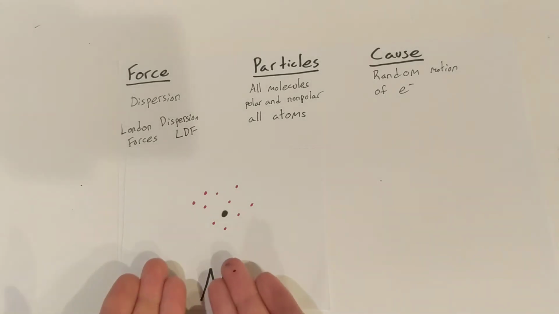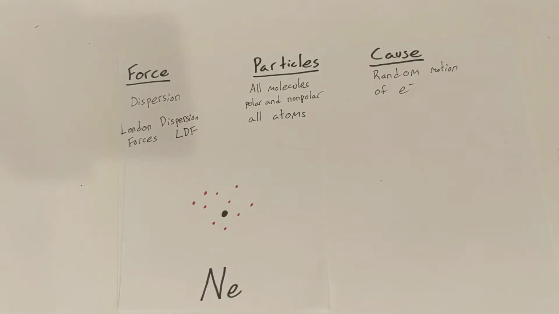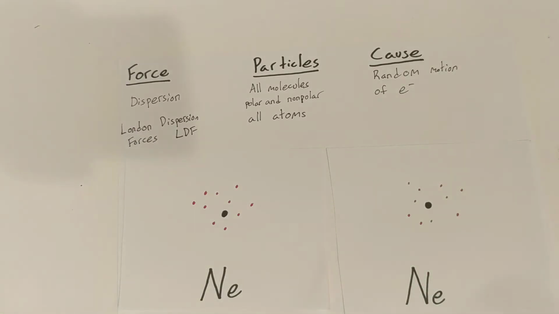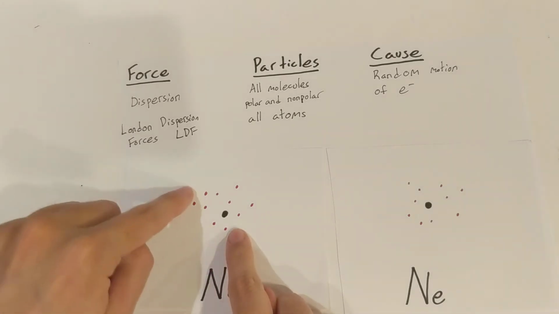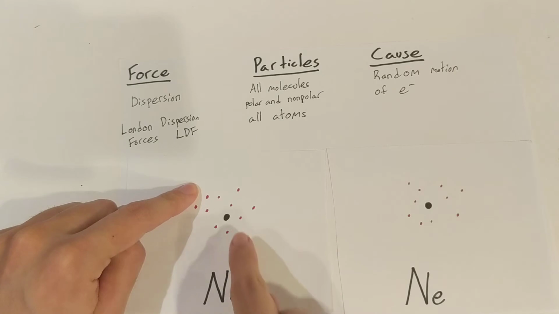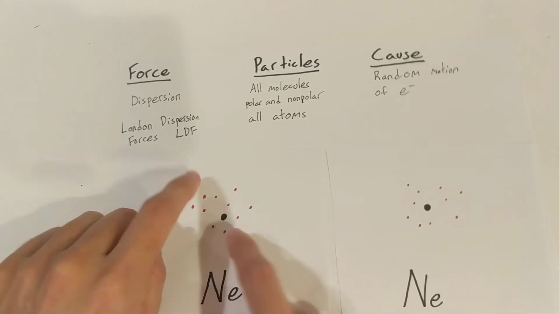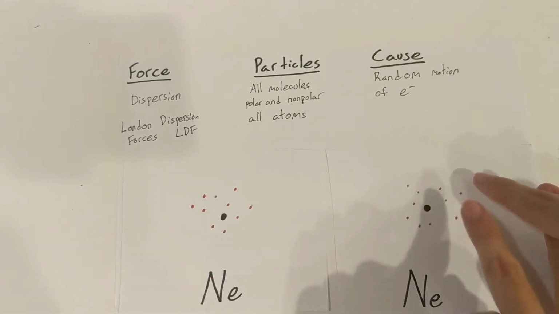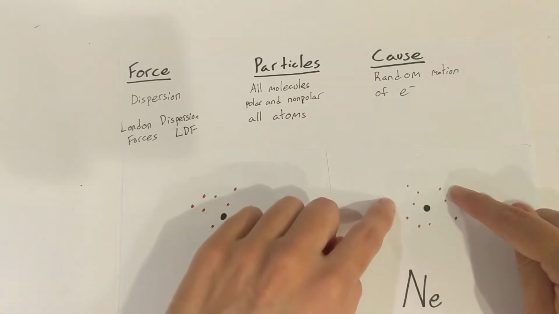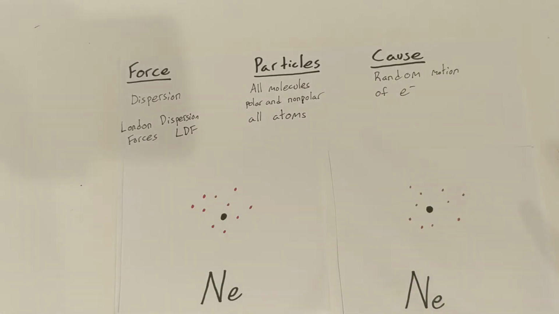So let's say one moment it looks like this, and the next moment it might look something like this, because those electrons are constantly moving. So you might think at this point there might be more electrons on this side, so maybe there's a partial negative on this side, partial positive over here. Over here you might have a very slight partial negative towards the top, and maybe on the left you have a slight partial positive. The important thing to get from this is that the electrons are constantly moving.